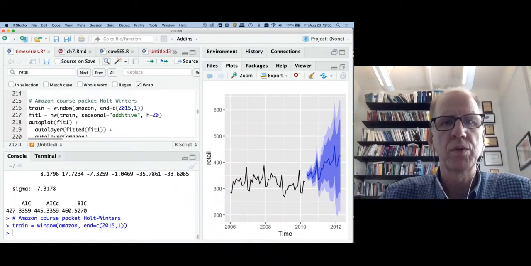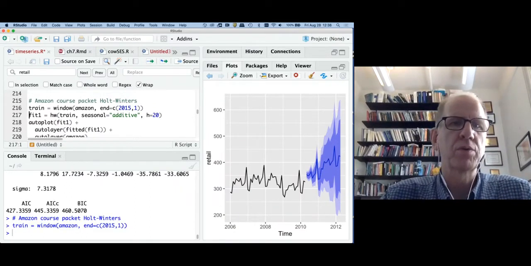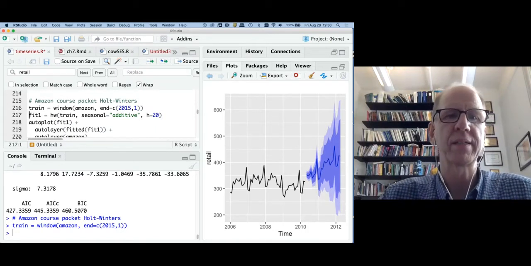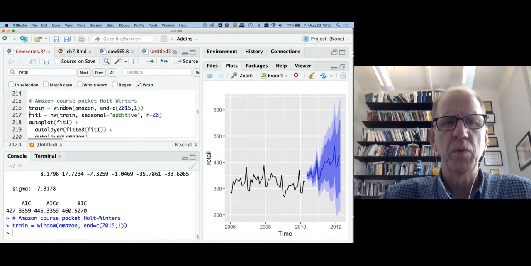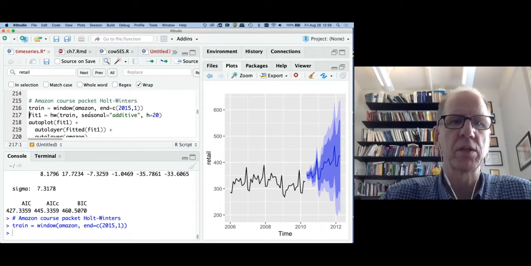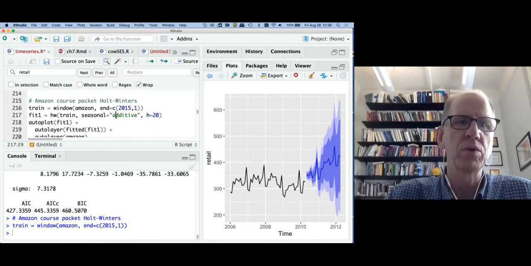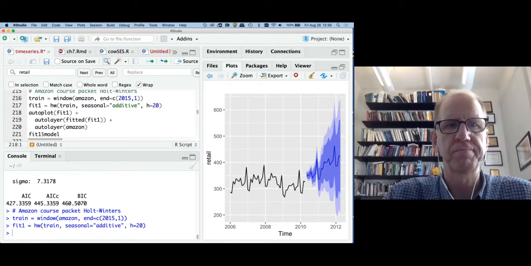What I will do is use the data through first quarter 2015 as my training set. The remaining data will be my test set. Let's start with an additive seasonal effect, and we're going to forecast out 20 periods into the future, and I'll only use my training set to do this.